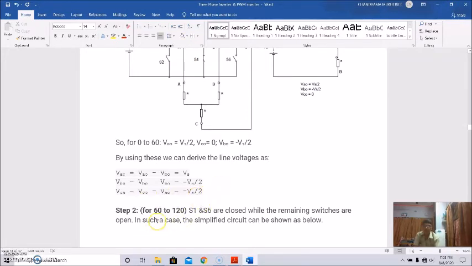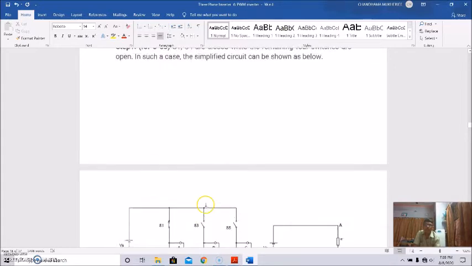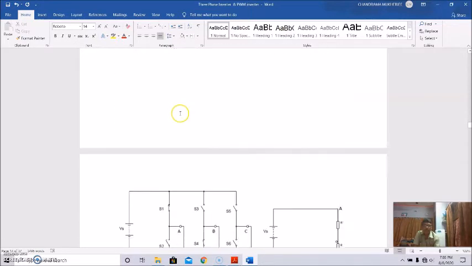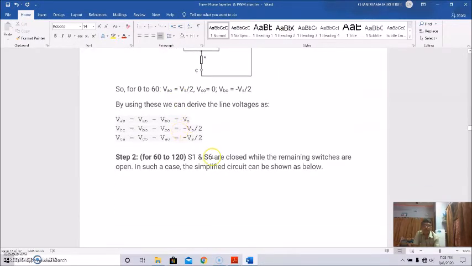For step 2, for 60 to 120 degree, S1 and S6 are closed here.